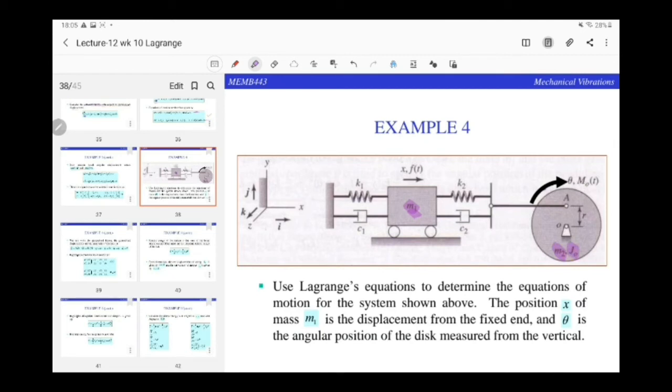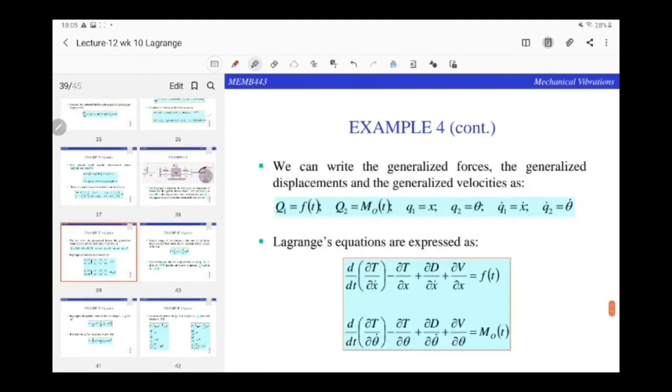This one, M1, moves at x, whereas this one moves at theta. So you also have two variables here. You have to express one with respect to x dot and x. Another equation is with respect to theta dot and theta. So basically these are the definitions of your Q1 and Q2, same as your Q dot 1 and Q dot 2.